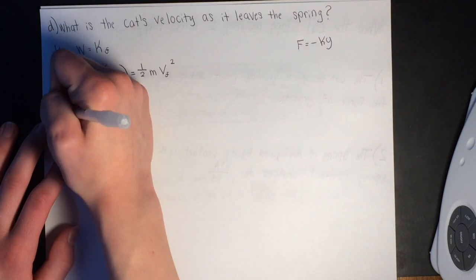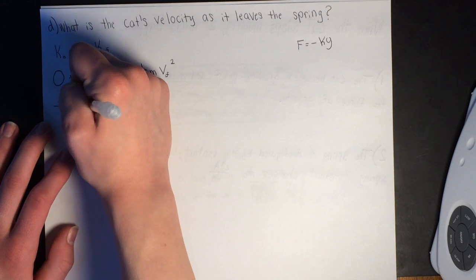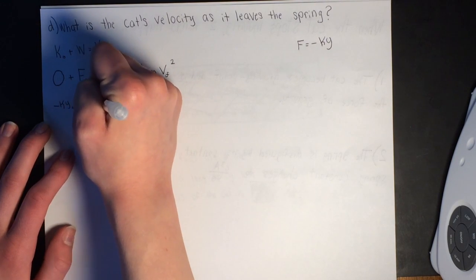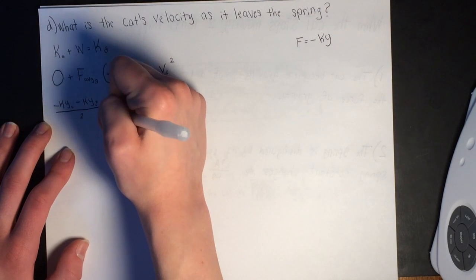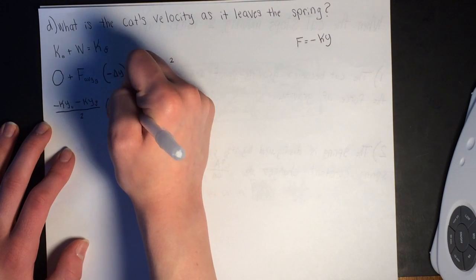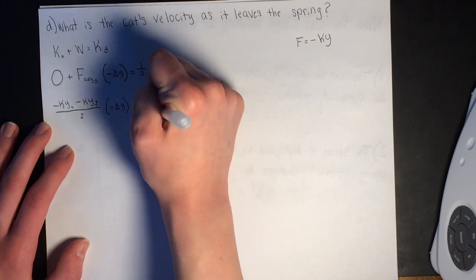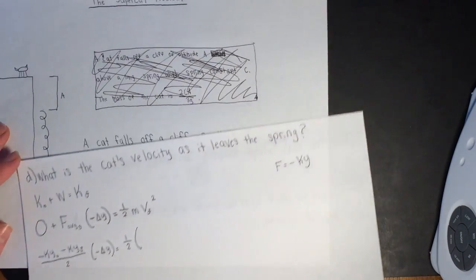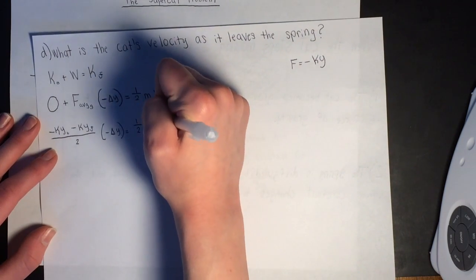So the average force of the spring is going to be negative k y initial minus k y final divided by 2. Then we multiply by negative delta y, and that equals 1/2. The mass of the cat is still the same. The prompt told us that the mass of the cat is 2Ca over 3g, so we can plug that in.